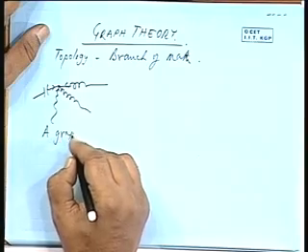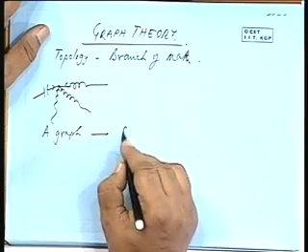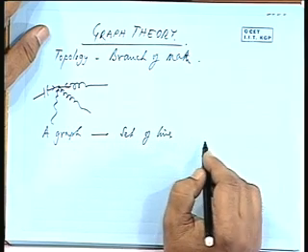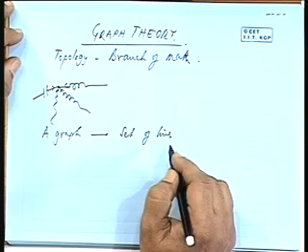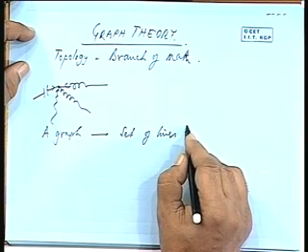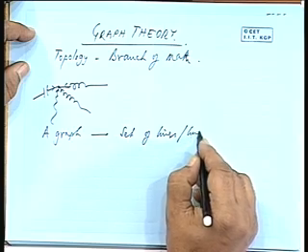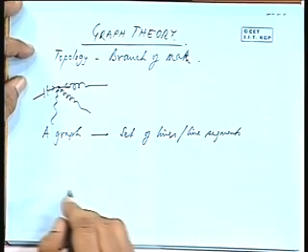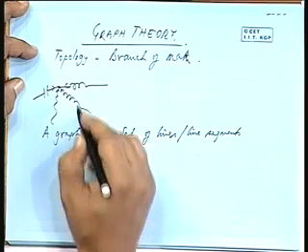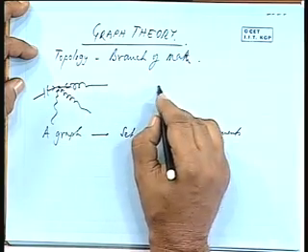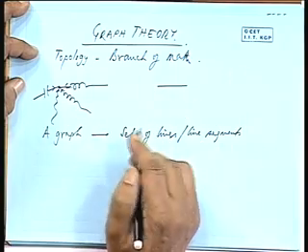A graph is a set of lines, we call lines or line segments, known as edges. These are called edges. So each element in a network will be represented by a line or an element.